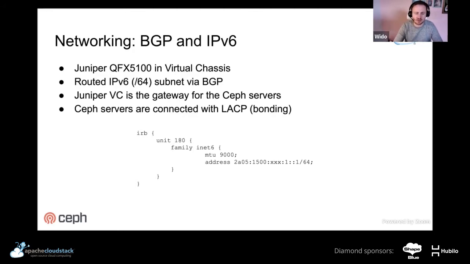It's a Juniper JunOS configuration thing. We use an MTU of 9000 in this case, so jumbo frames, and the IPv6 subnet, and then ::1. So it's the gateway for these Ceph servers. The Ceph servers themselves, they use LACP bonding, and they just get an IPv6 address, and they can be reached by the hypervisors.